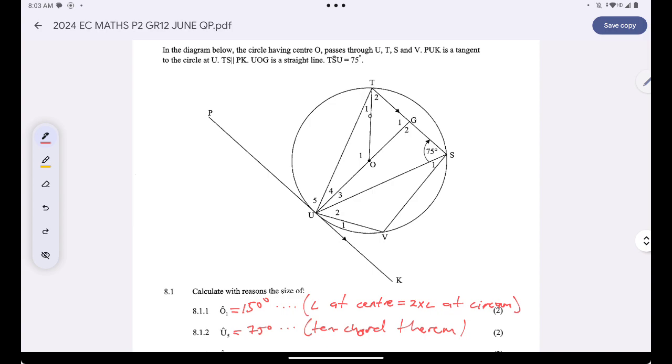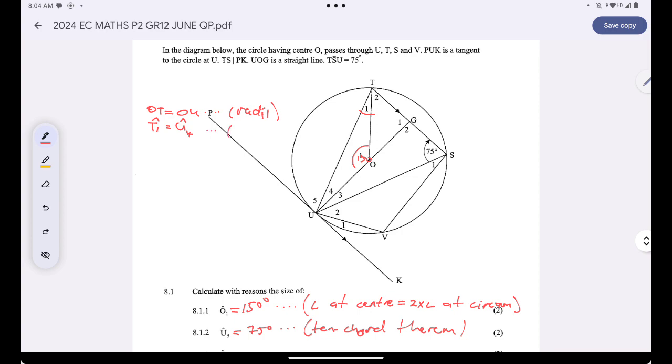Angle T1 is there. I know that this angle here is 150 degrees altogether. In that triangle, I know that OT is equal to OU. These are the radii of a circle. And this simply means that T1 is equal to angle U4. Why?